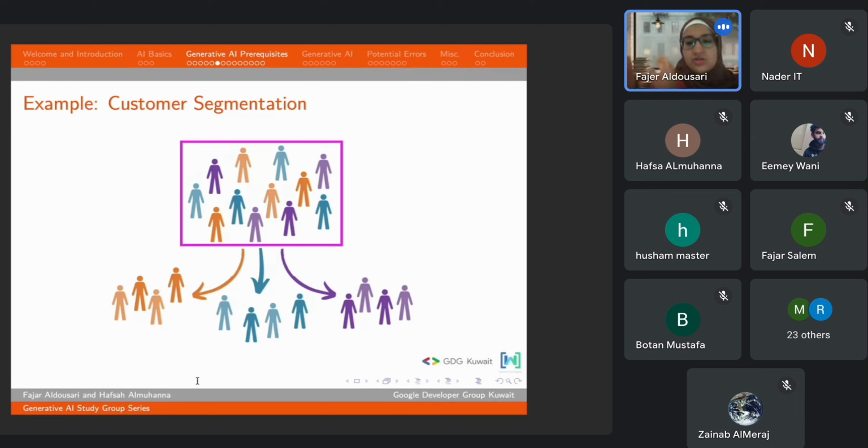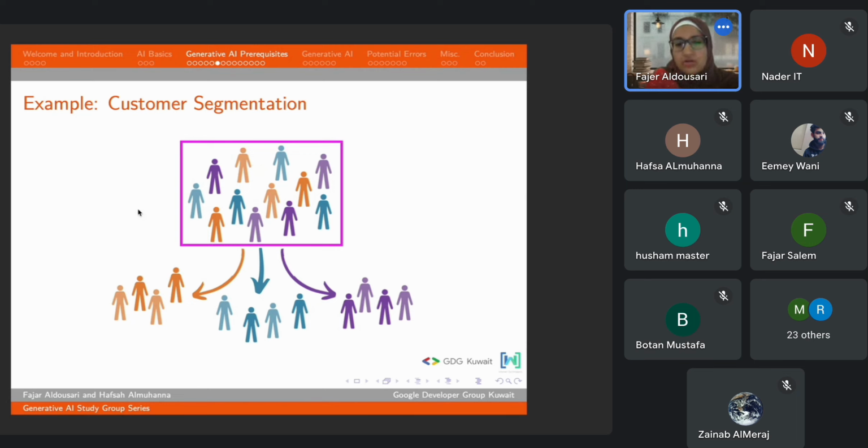Suppose the purple ones are all customers of a certain age, and the blue ones are customers of a different age. It would classify them regarding that, or maybe in terms of gender, or profession, or location in the world.